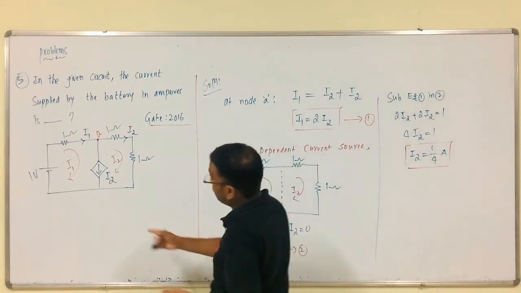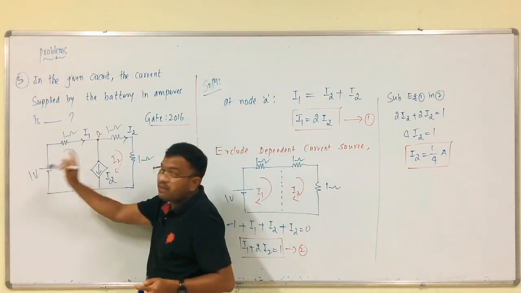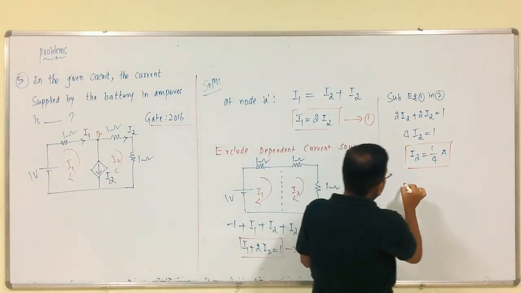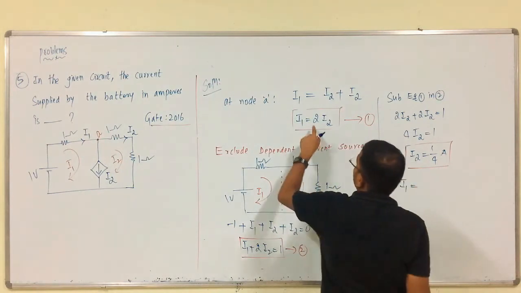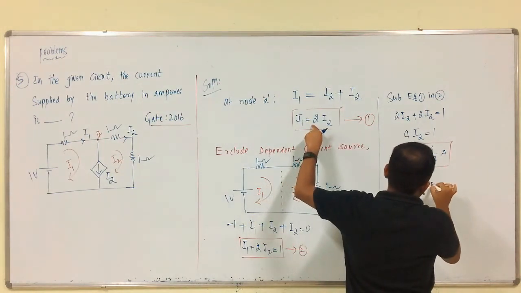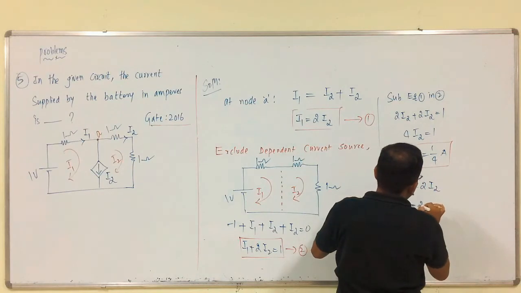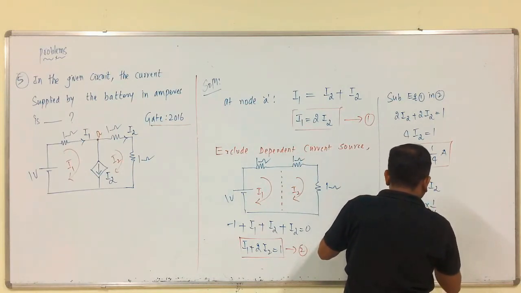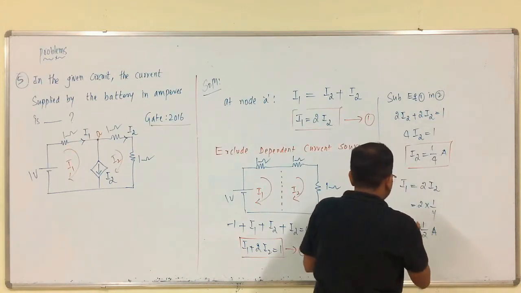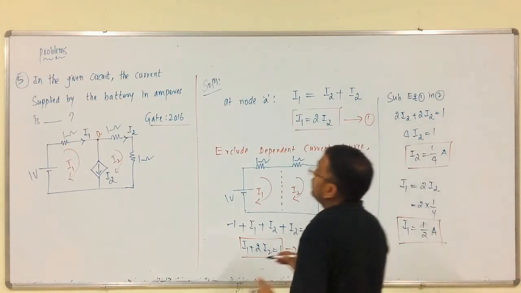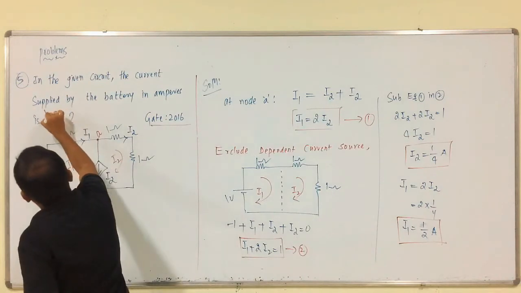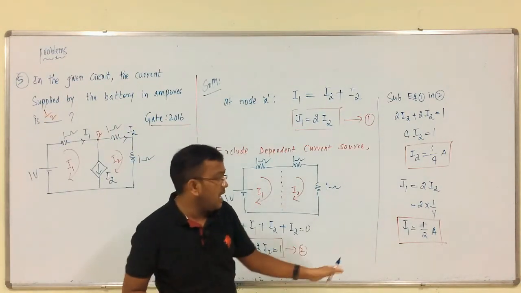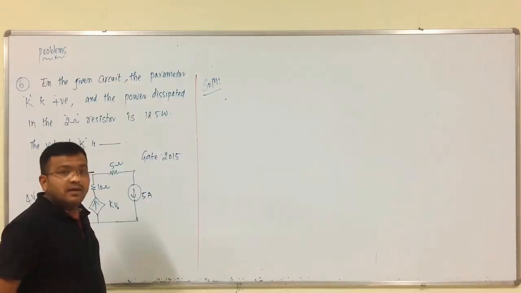But we want the current which is supplied by the battery, that is I1. Therefore, I1 equals 2 I2, so 2 into 1 by 4. Therefore, I1 equals 1 by 2 amps. This is the answer, the current which is supplied by the battery.